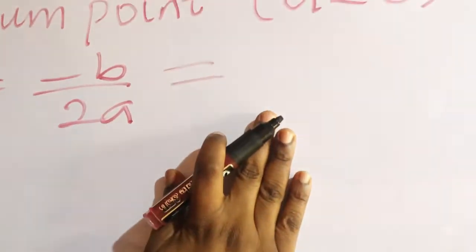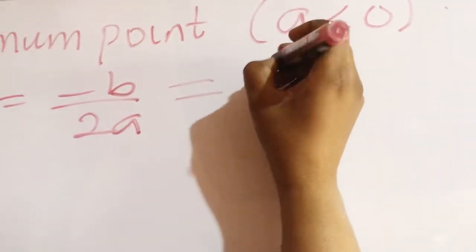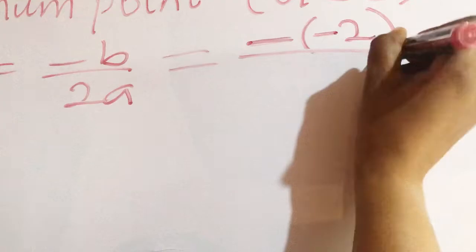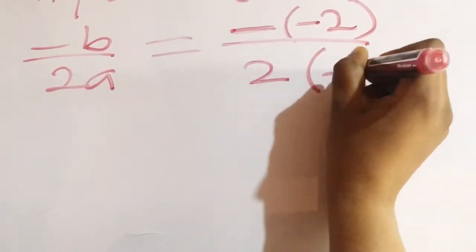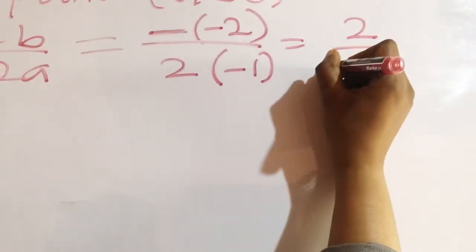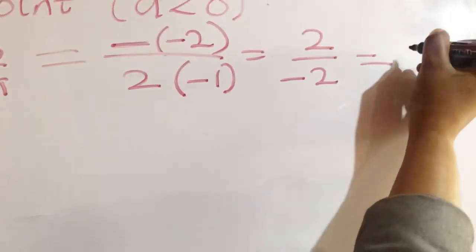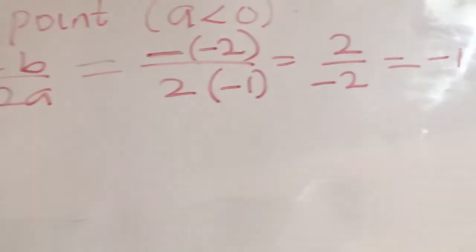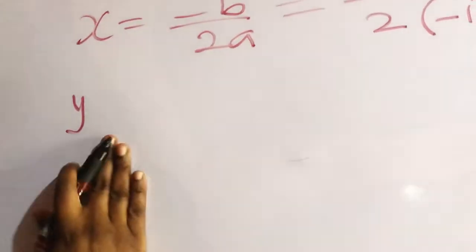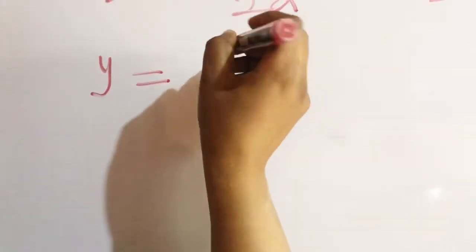So wherever we see b here, we're going to put minus 2. So minus minus 2 divided by 2 multiplied by minus 1 is equal to 2 over minus 2, and is equal to minus 1.